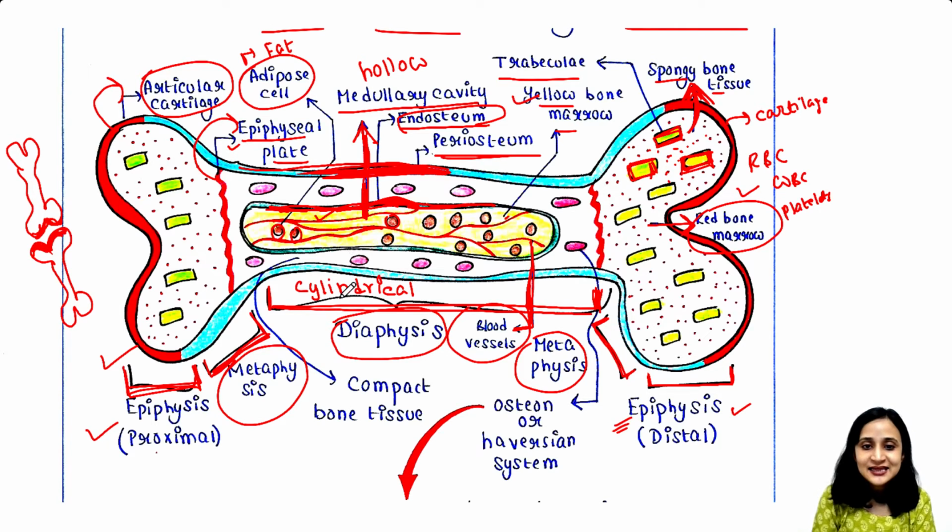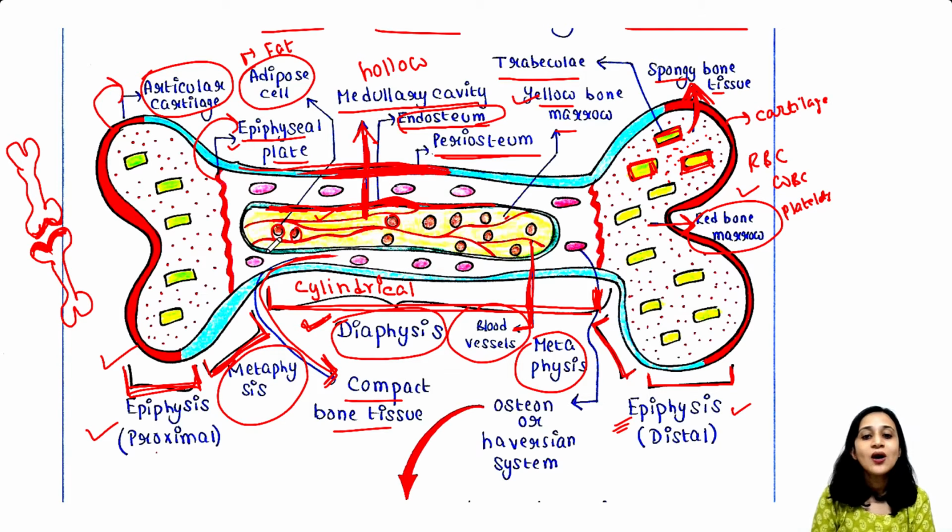And in this diaphysis area, you will get what is called compact bone tissue. In contrast to the spongy bone tissue, this compact bone tissue area is not at all spacious.